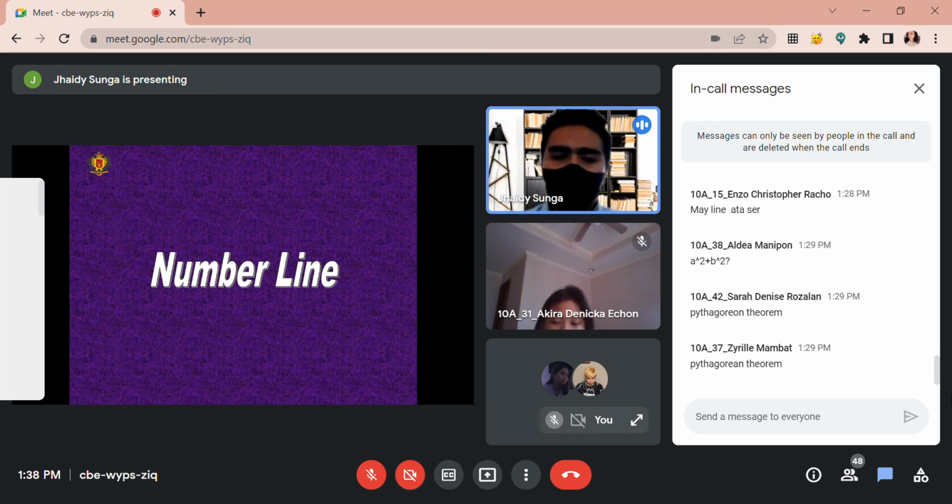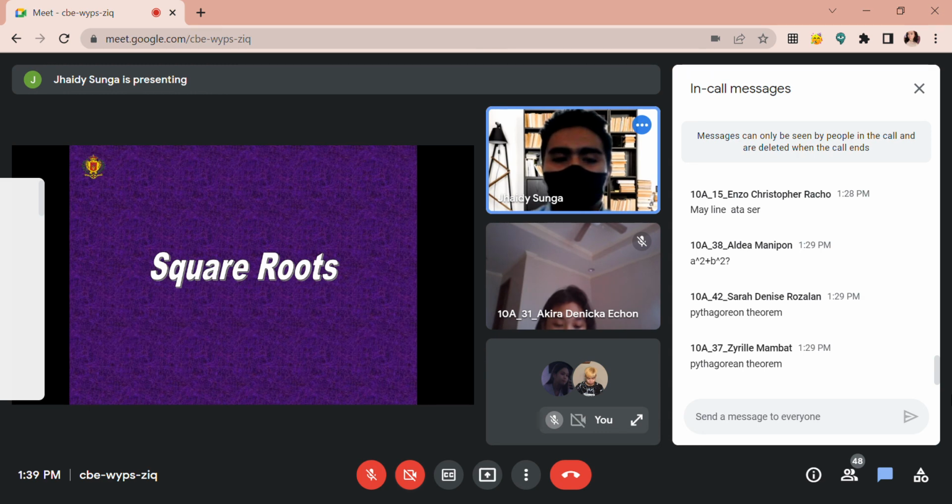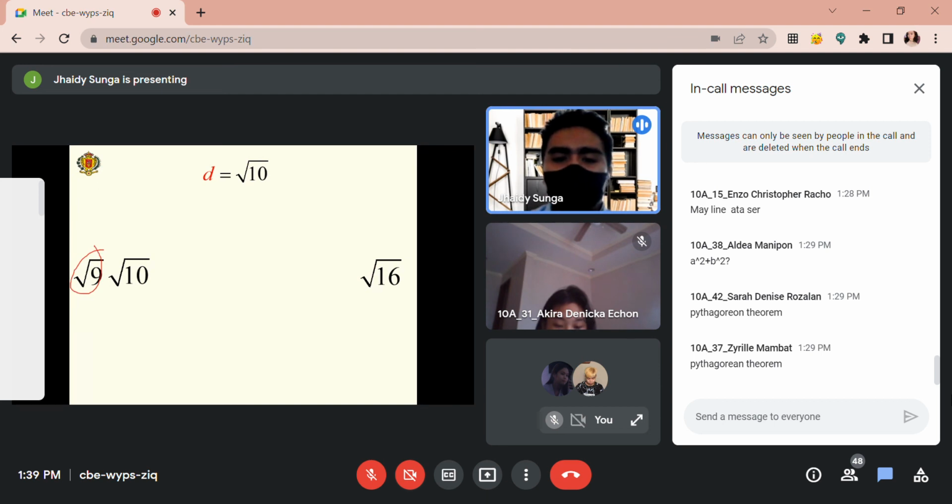If you put the square root of 10 on a number line, how are you going to identify where it will fall? What you are going to do is find the nearest perfect squares: the square root of 9 and the square root of 16.